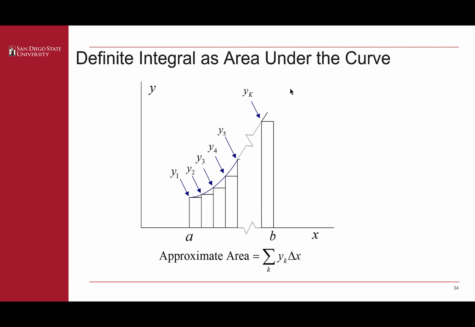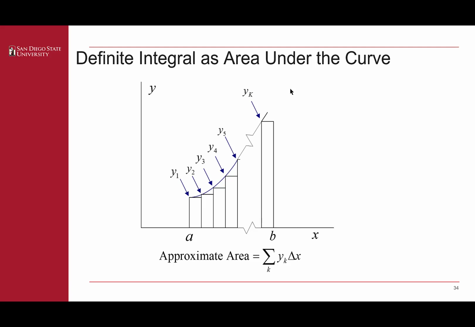So if we make these rectangles bigger, then the error rate would be higher. The gaps that we cannot cover under the curve will be higher, and the result will be far from being a realistic estimation.